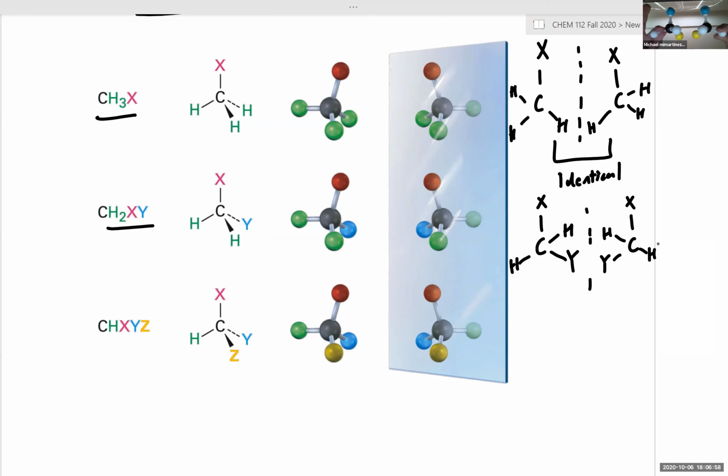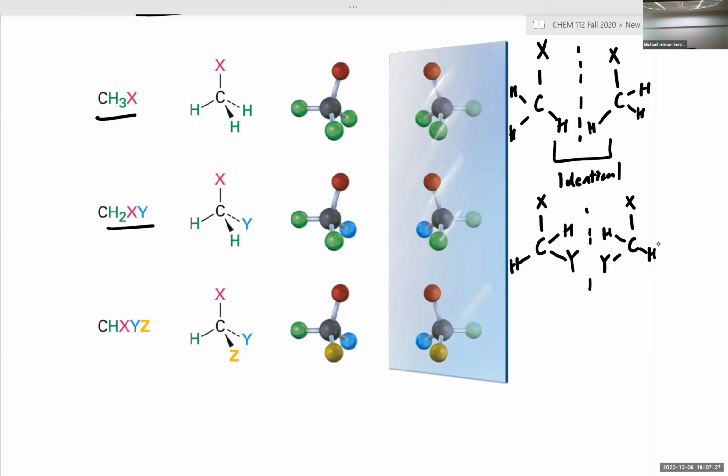Do we think these structures are superimposable or non-superimposable mirror images? To help you along with that, if we rotate this molecule, are these molecules identical or different? We try to overlay them. Do our substituents match at every single position?